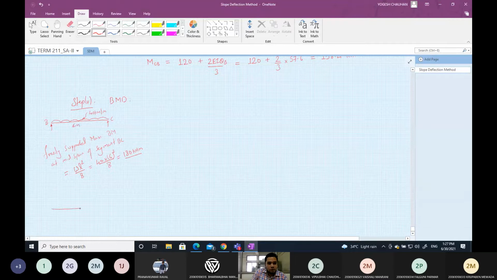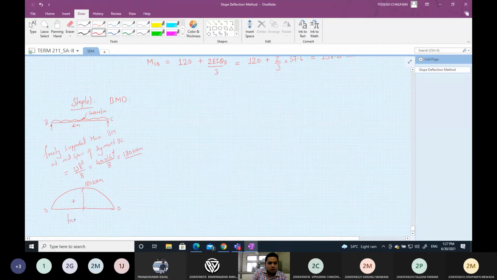So the bending moment diagram will be parabolic with maximum value at midspan, that is 180 kilonewton meter. 0, 0, this is positive.